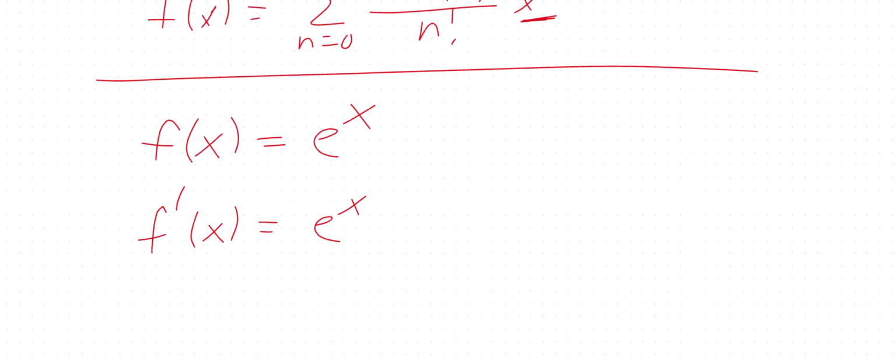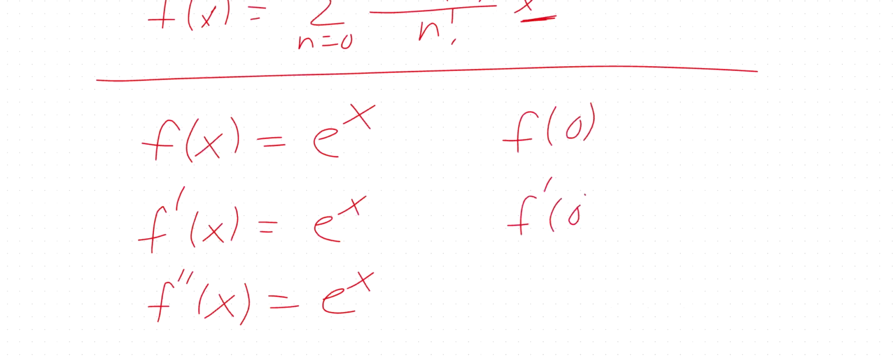In this case, they're all the same thing. Then we need to evaluate all of these functions at our a value. Since this is a Maclaurin series, our a value is going to be 0. And so they're all just 1s.